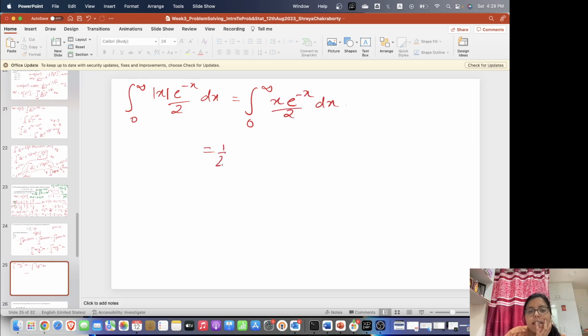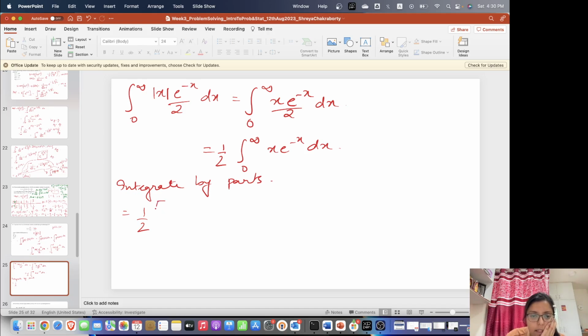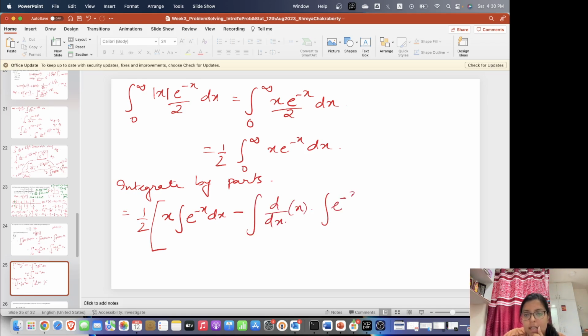This we can write as half times the integral from 0 to infinity of x e to the power minus x dx. Then we'll do integration by parts. So how can we do it? Half, x times the integration of e to the power minus x dx, minus the integral of d/dx of x into the integration of e to the power minus x dx, all from 0 to infinity.